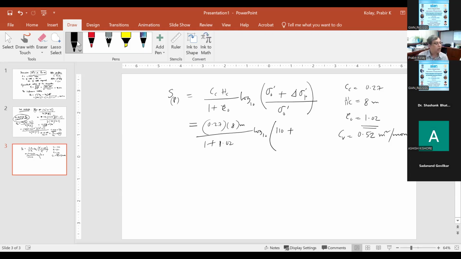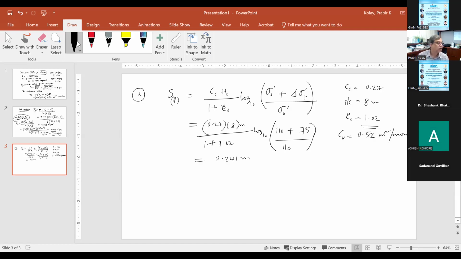And then the increase in stress after the fill operation is also given, like 75. And the initial stress is 110. So easily you can calculate the settlement. If you calculate, this will be around 0.241 meter. This is the settlement, the first part of the problem, the initial settlement.